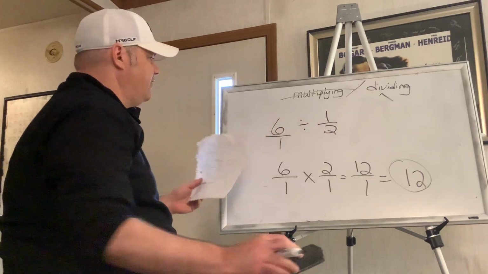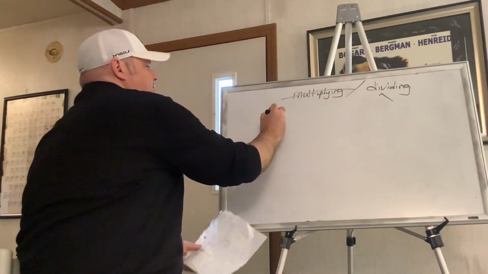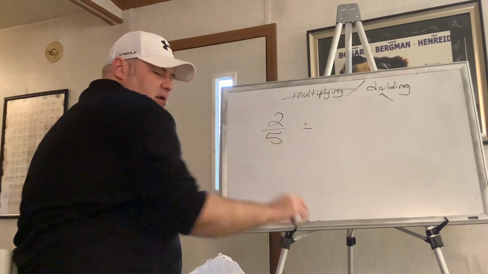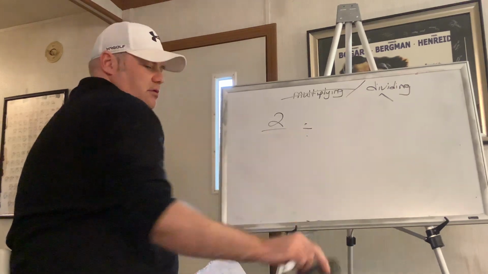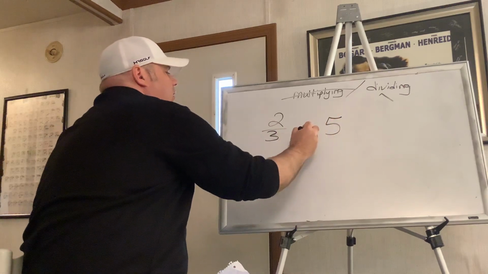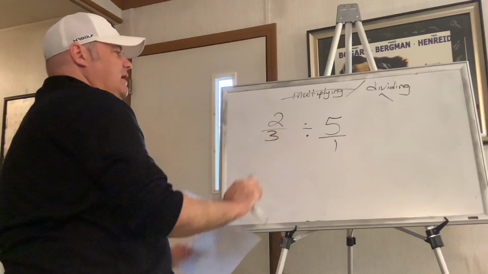Let's do that the other way around. I'm trying to give you all the different examples you'll see. 2/3 divided by 5. First off, make that a fraction so that we know what we're dealing with.